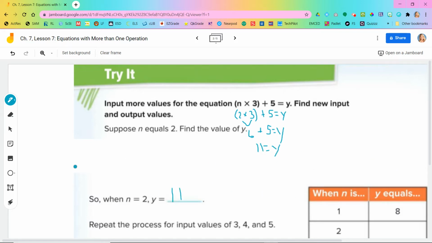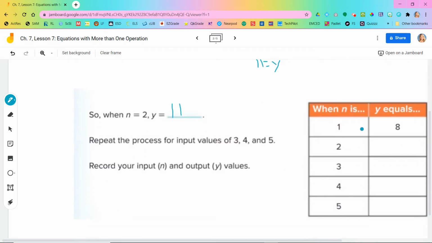So now they give us this table down here to fill in. It says my input is when n is 1 on our other side of our paper, my y equals 8. We just saw that when n is equal to 2, my y is equal to 11.